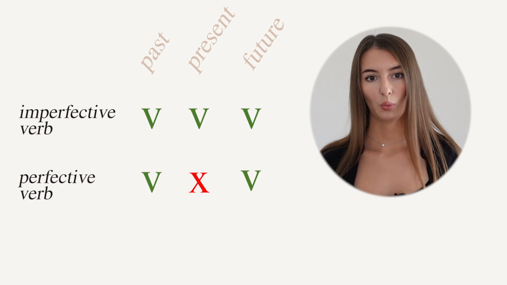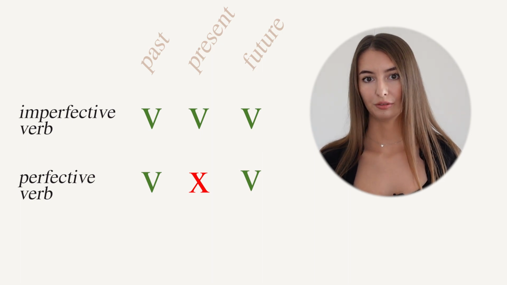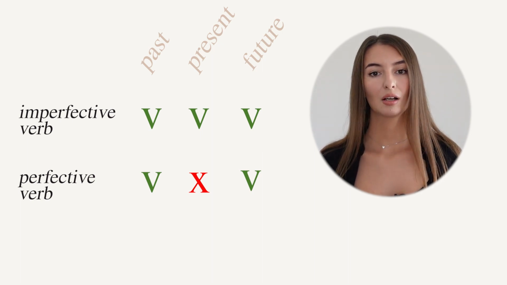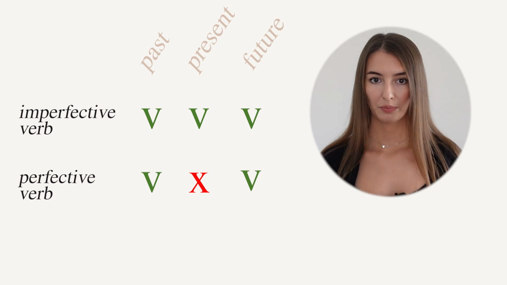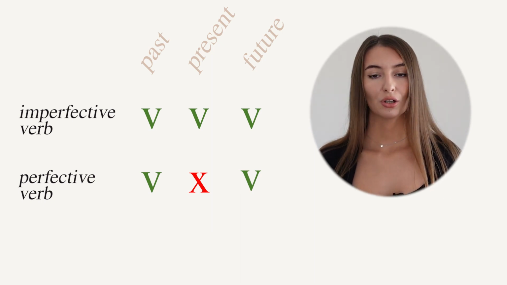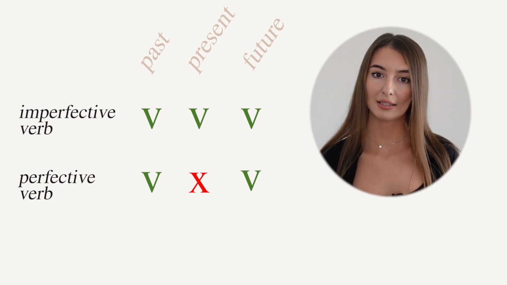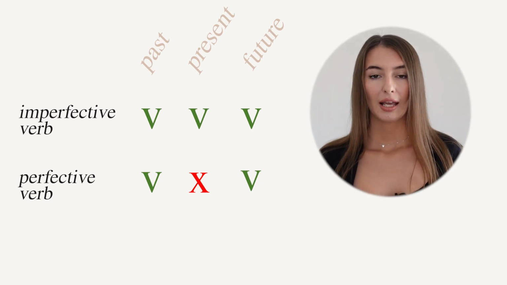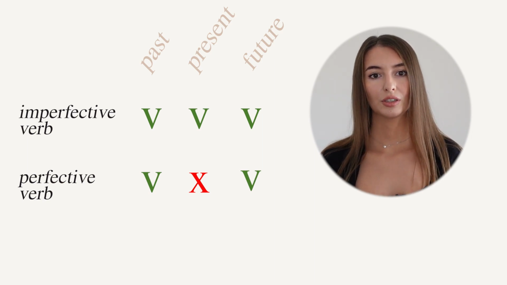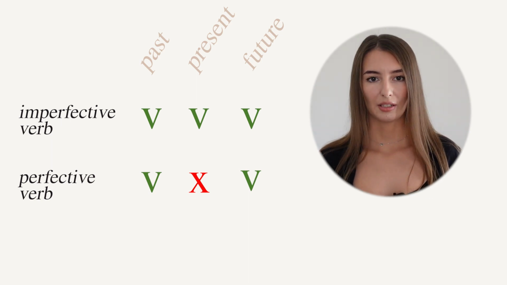Pay attention. While imperfective verbs have different forms in three tenses, past, present, future, the perfective verbs don't have a form for the present tense, only for past and future. And this brings a lot of confusion. I will record another video about aspects a bit later, but for now, pay attention.